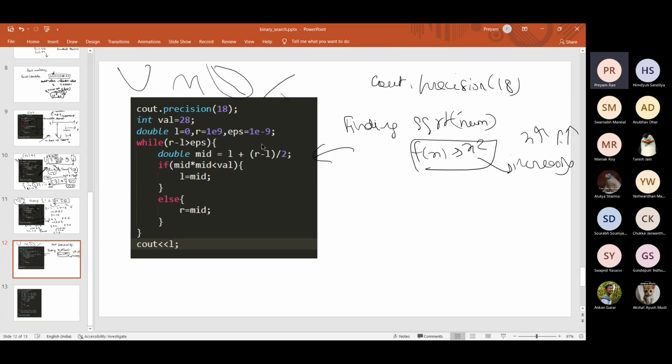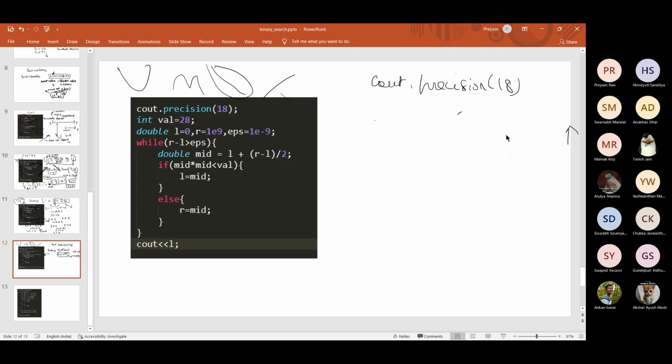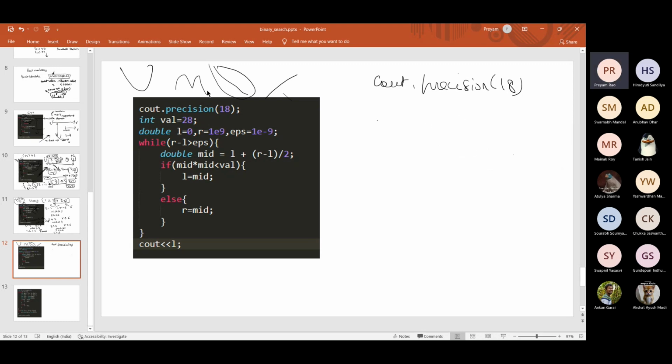Okay. So now, how do you find the square root of a number? Let's do a dry run. Right now I'm taking L equal to 0, R equal to 1e9. 1e9 is essentially 10 power 9. If I have some number x, I need to find what its square root is.